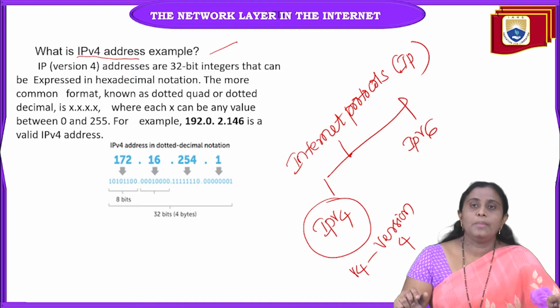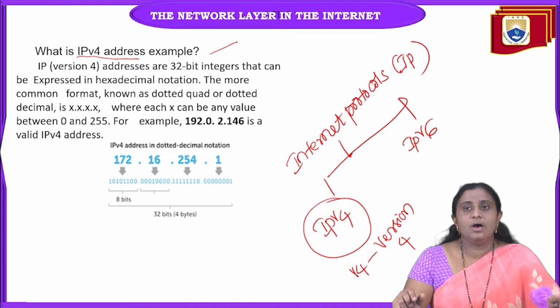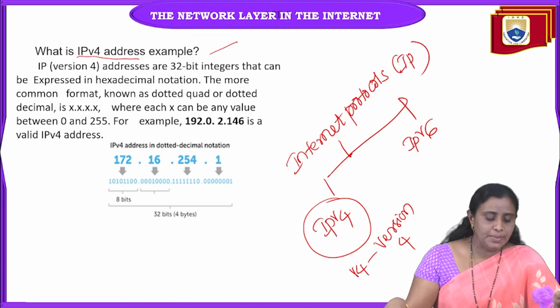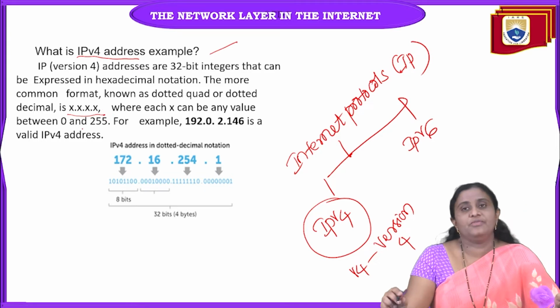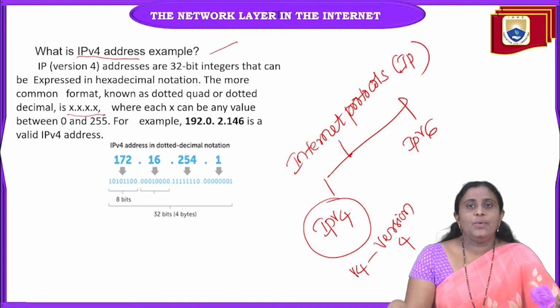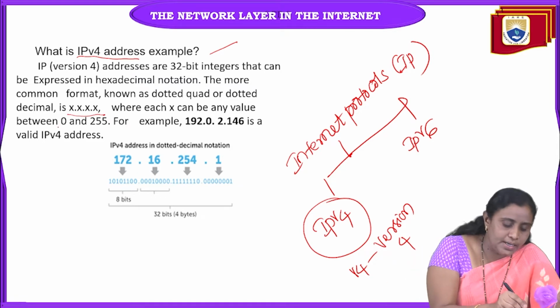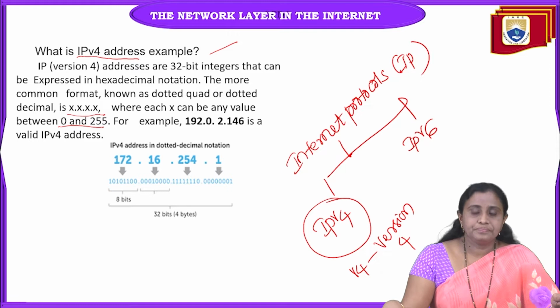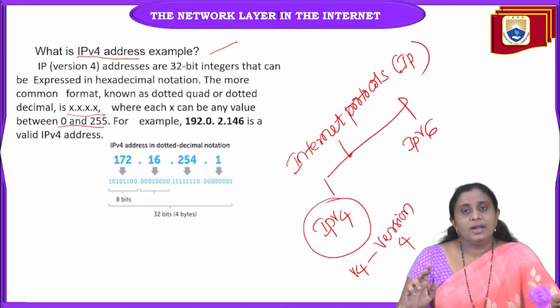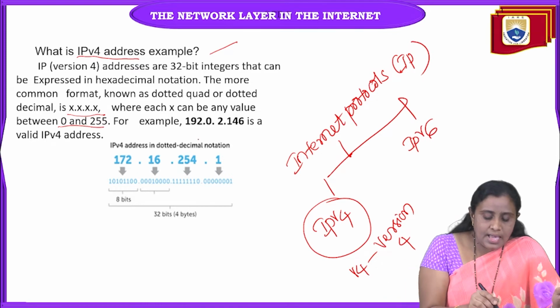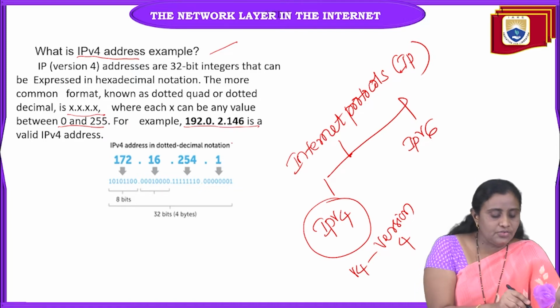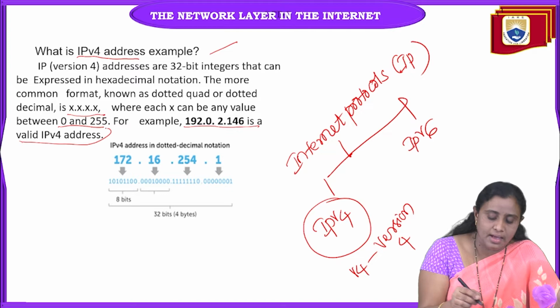The more common format is known as dotted quad or dotted decimal, represented as x.x.x.x, where each x can be any value between 0 and 255. That means the decimal value range is between 0 and 255. For example, 192.0.2.146 is a valid IP address in the internet.